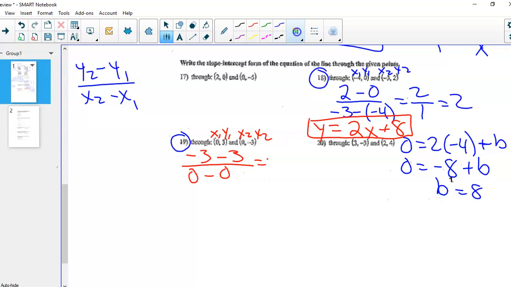Because this is going to be negative 6. This is going to be 0. Anything over 0 is undefined. So this has an undefined slope.